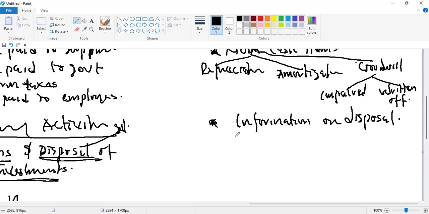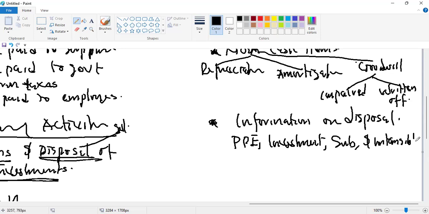What can they sell? They can sell PPE, they can sell investments, they can sell a subsidiary, and they can sell intangibles.